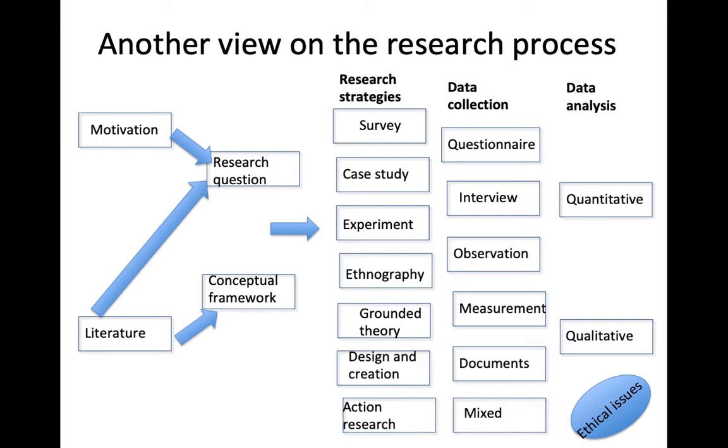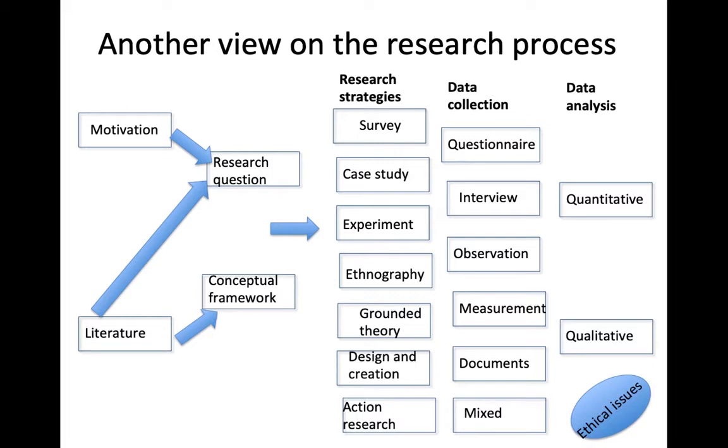Let's look now at another view of the research process. We talked about the steps of the research process, but we didn't go into details, especially regarding the research strategy, the data collection and data analysis.